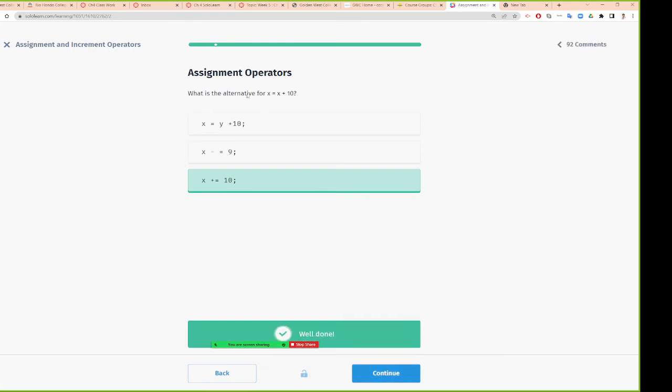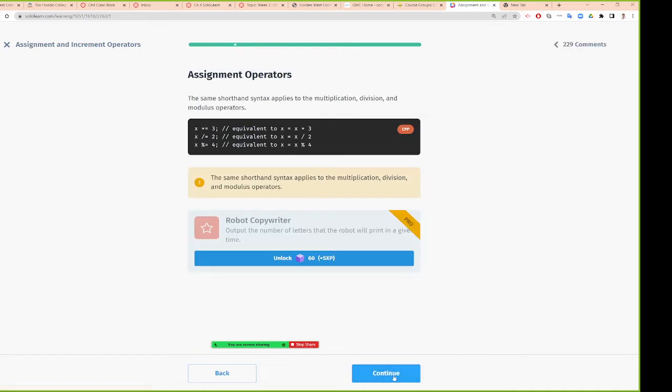So what is the alternative for x equals x plus 10? Remember, this x and that x, isn't that a mirror image? So you're going to change it this way. Okay. Same thing. It works for times, divide, and modulus. So this same thing will change to x times equal 3.